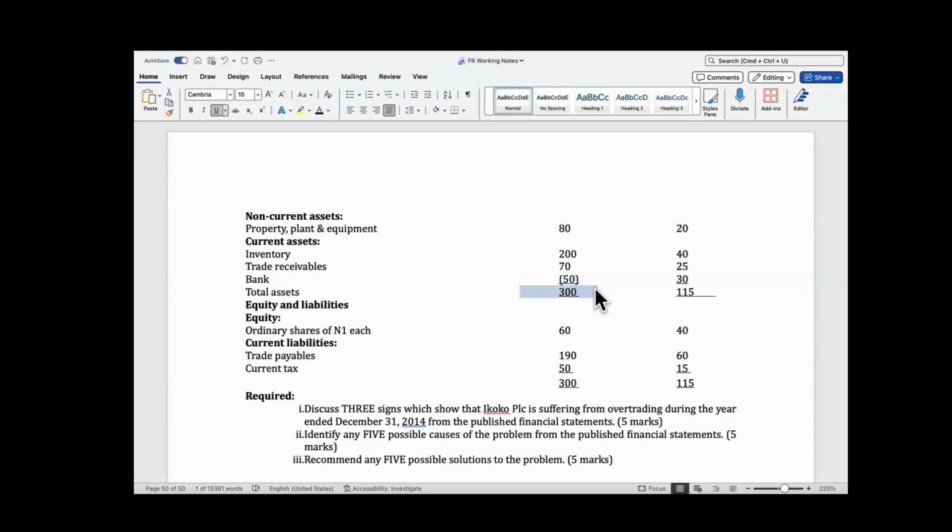You might end up overtrading because whatever activities you want to do will not be properly financed, so you'll be depending on excessive borrowings. Number three, another cause is when an entity is buying too many assets, making it hold too much inventories. That is also a cause.